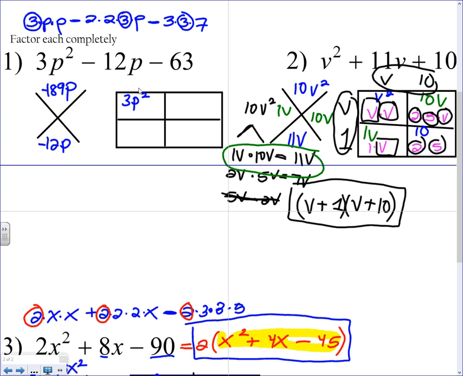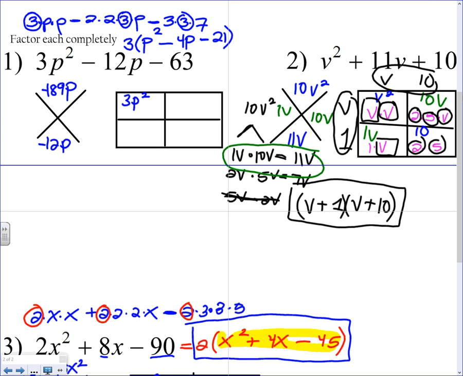That's what they have. So I can write this as 3 parentheses, p squared. If I take out the 3, what's left over is p squared minus 4p minus, and 3 multiplied by 7 will give you 21.